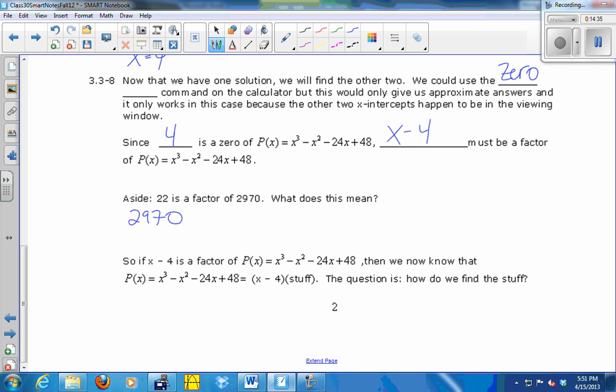I can take 2,970 and divide by 22, and I get some whole number. It goes in an even number of times. Or I can write 2,970 as 22 times something, if I multiply both sides of this equation by 22.